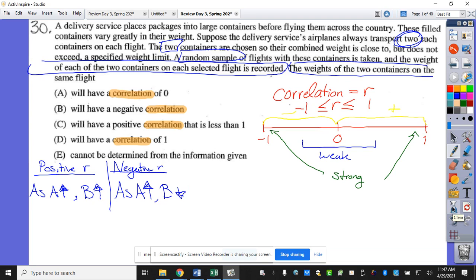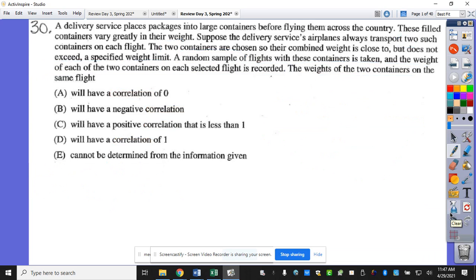I'm gonna clear everything I have written just to have more room. Alright, so we measured two things, the two containers. So I have container 1 and container 2. What do I know about container 1 and container 2?